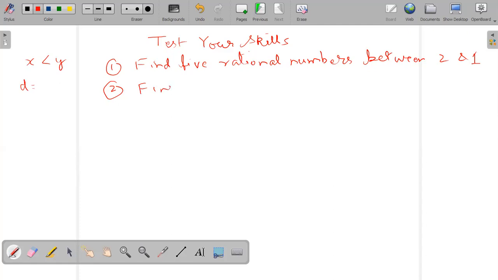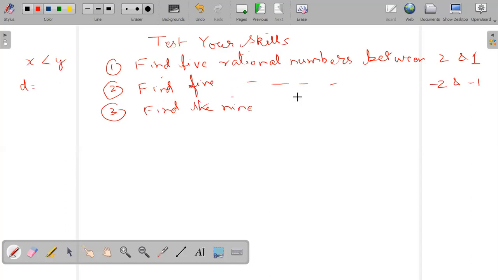Okay, do one more question. Same question: find 5 rational numbers between -2 and -1 also. And third question: if it is decimal also, just go by the same method. If you do not understand, we will do it in the next class.